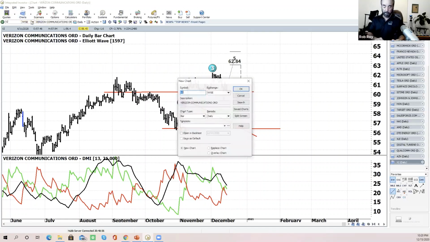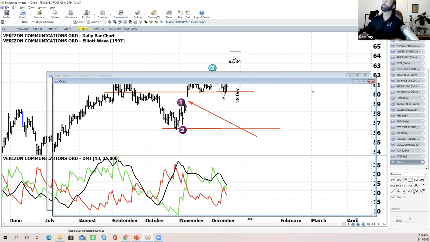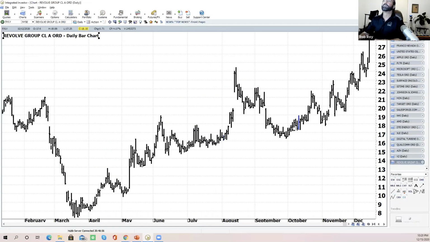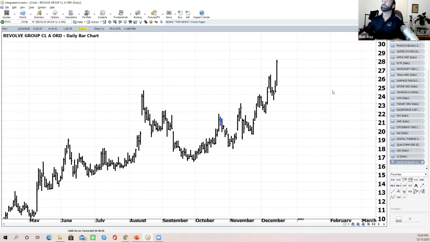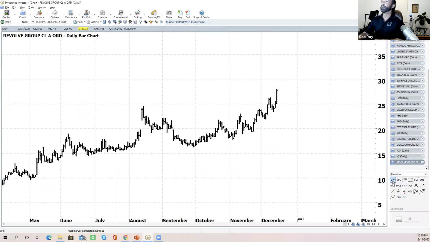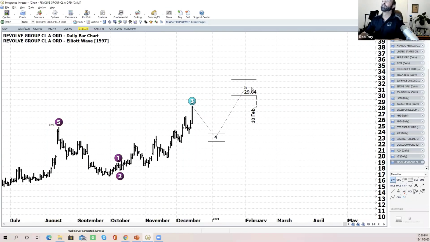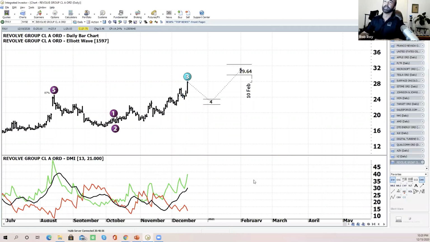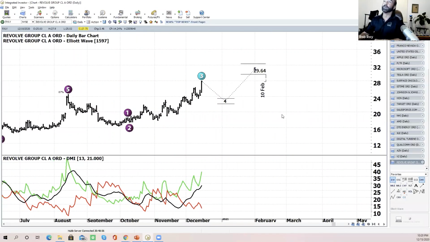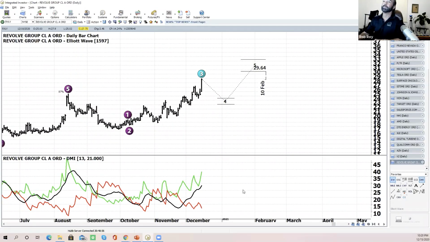RVLV, right? Is that what it was? Pretty nice day today, that's for sure. Wave 3, 30 looks easily in the cards. Oh, that's a good looking chart. That's a great one to finish on. Holy cow.